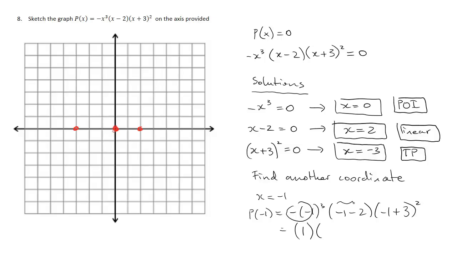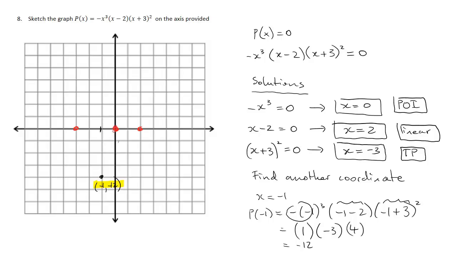This part here will become -3, and this part here will become 2 squared, which is 4. So the whole thing is going to be -12. So we know that when we're at x equals -1, the value is going to be -12. So if I make these 1, 2, 3, 4, I'll put a point at -1 and -12. It's not very visible, but it's there.